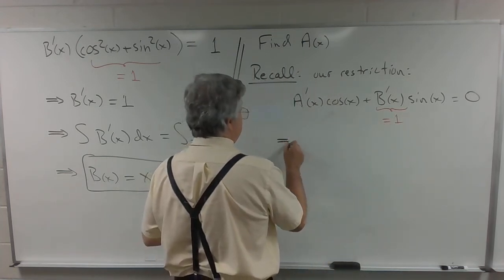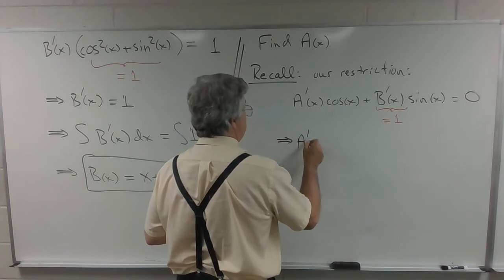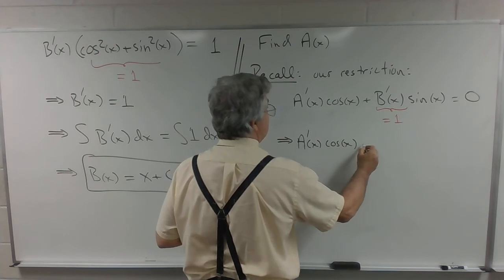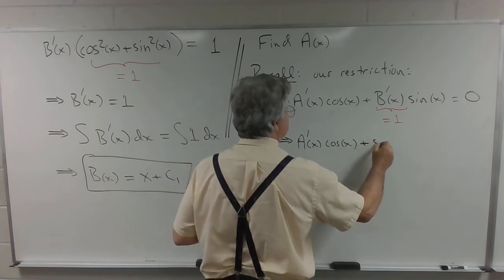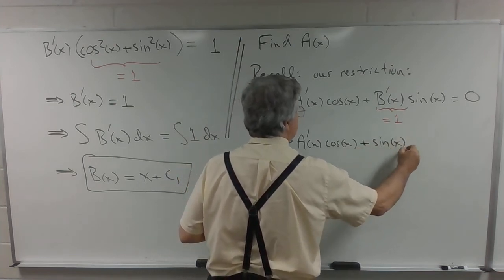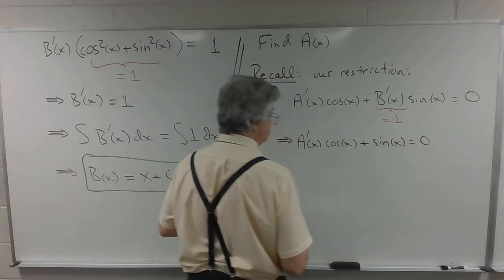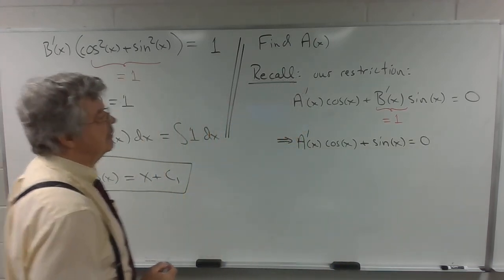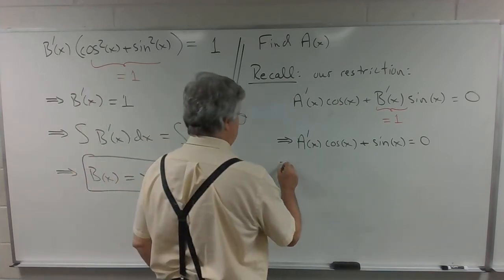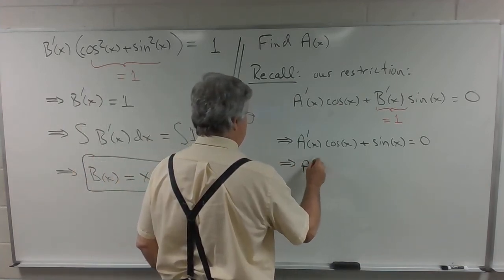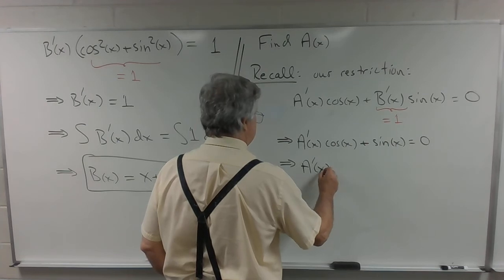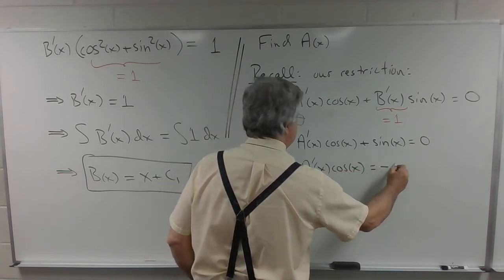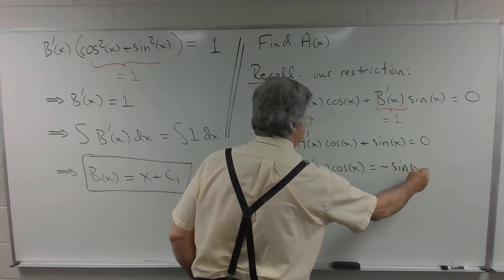So this means a prime of x cosine of x plus sine of x equals 0. So a prime of x cosine of x equals negative sine of x.